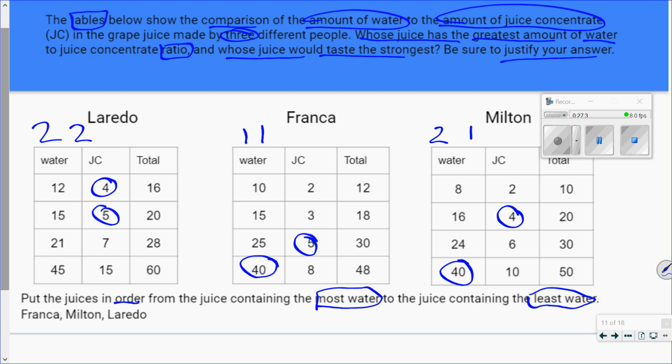So putting them in order, the most water was Franca. So the order is Franca, Milton, then Laredo.